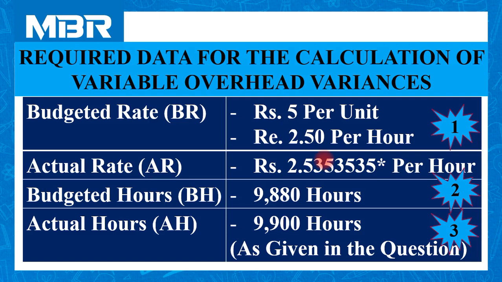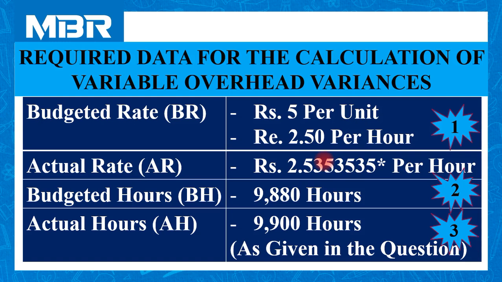Using this information, we need to calculate all 3 variances. Now we don't want to check the information given to us in our question. We have modified that information for our requirement. Budgeted rate, on the basis of output, is rupees 5 per unit. On the basis of time, it is rupees 2.5 per hour. Actual rate is 2.535353, recurring, per hour.